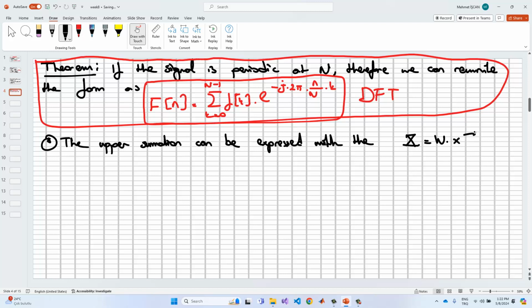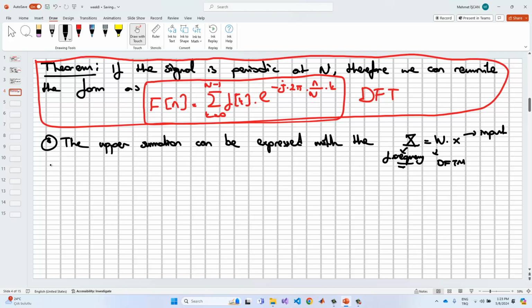This is the input signal at the sampling rate, this is the DFT matrix, and this is the frequency components, but in the discrete domain.